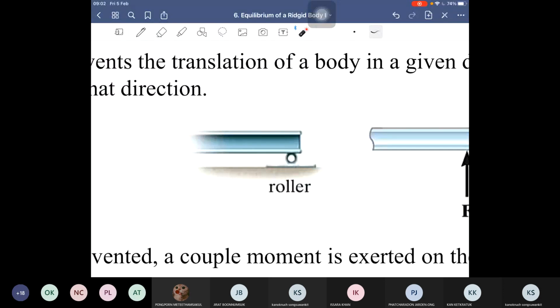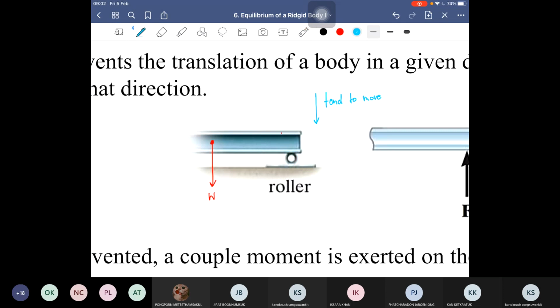This beam is supported by a roller on the floor. So we all know that this beam has its weight, W. And this weight will pull down to the floor by the gravity force. So this beam tends to move downward. It tends to move in this direction. Therefore, this roller will support this weight.